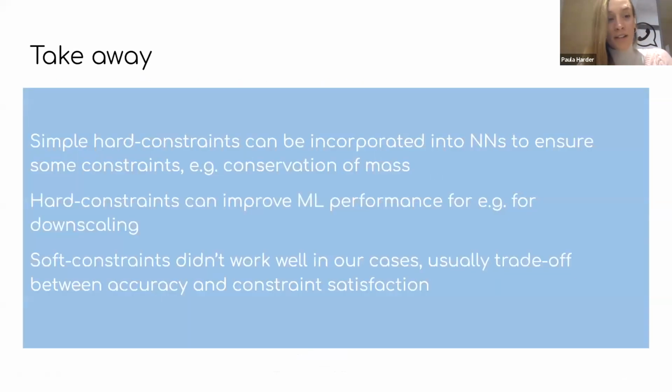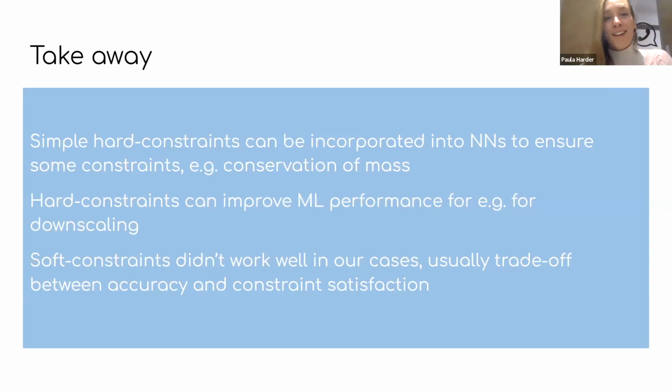So that already brings me to the takeaway. If you ever work with deep learning neural networks and you have some simple constraints, you want to be sure that they are not violated by your neural network. You can do that. It's very easy, such as conservation of mass, and in some cases it can even help the performance.